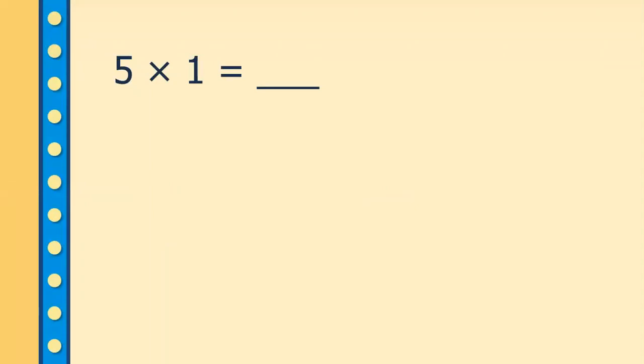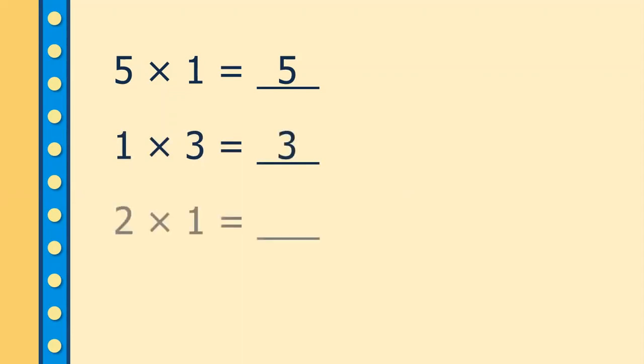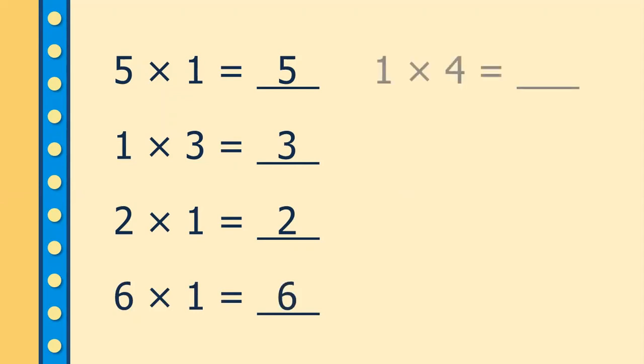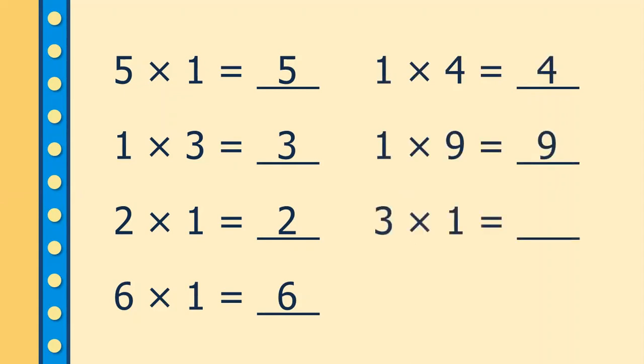All right, 5 times 1. 5, that's right. Okay, 1 times 3, what do you think it's going to be? 3. 2 times 1. 2, right? 6 times 1. 6, are you getting it? Hopefully so. All right, 1 times 4 is 4. 1 times 9 is 9. 3 times 1 is 3.